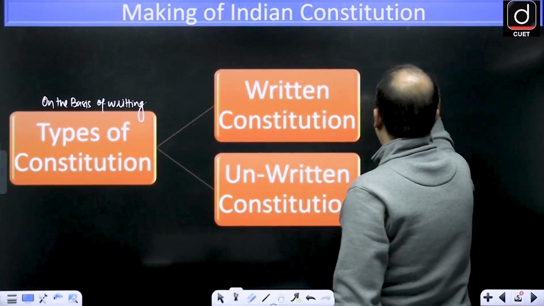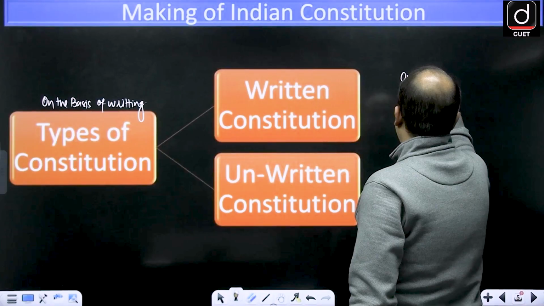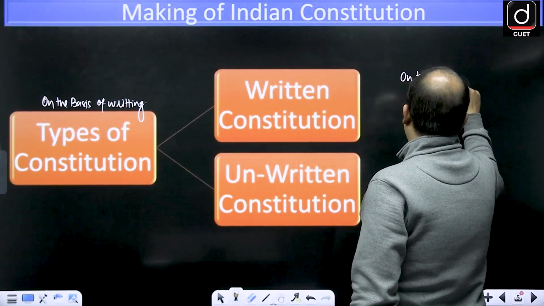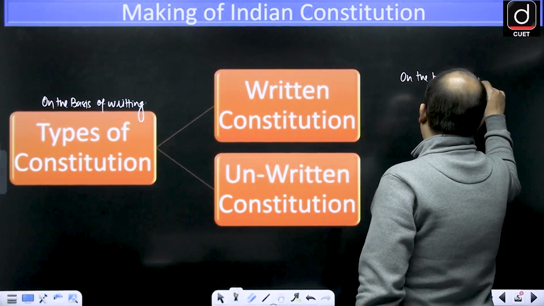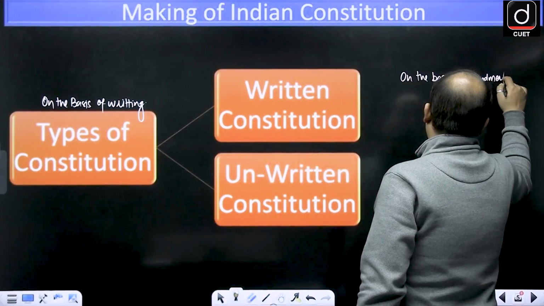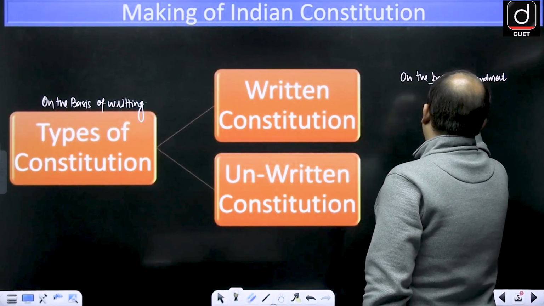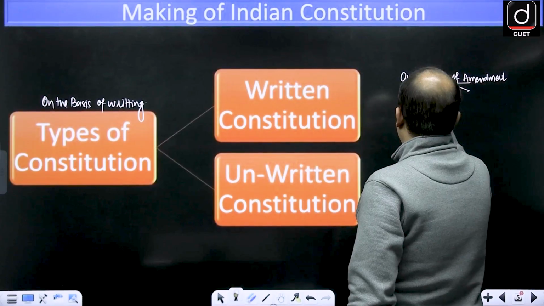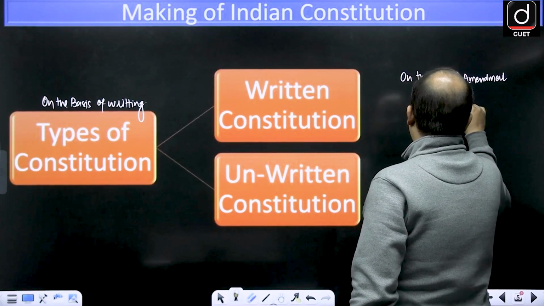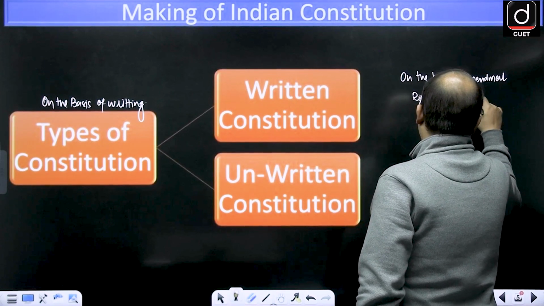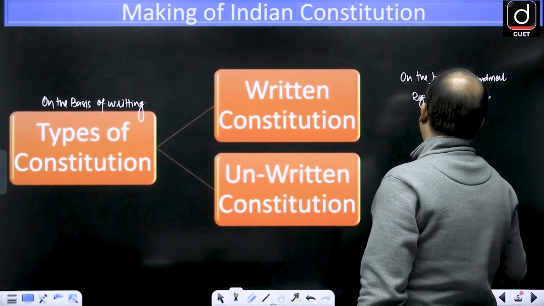On the basis of amendment, we have rigid and flexible constitution.